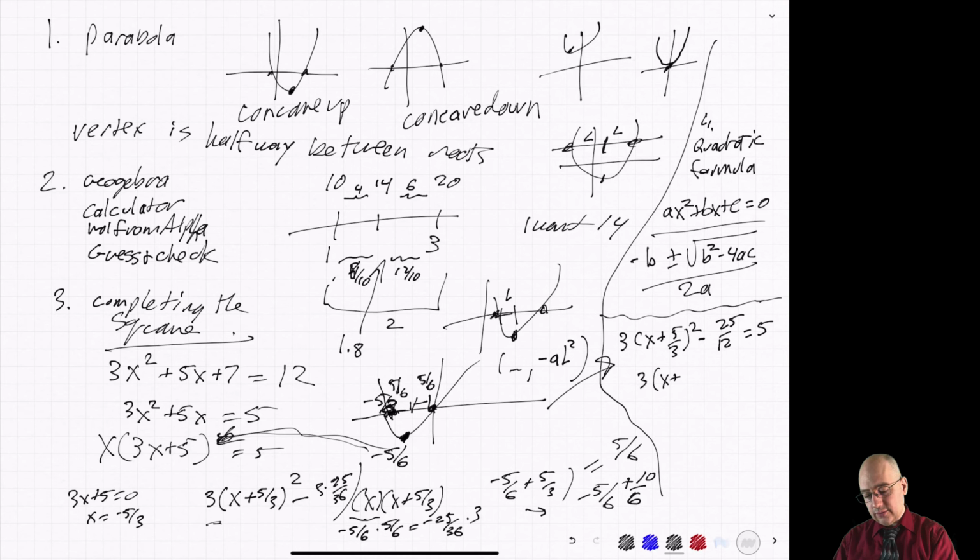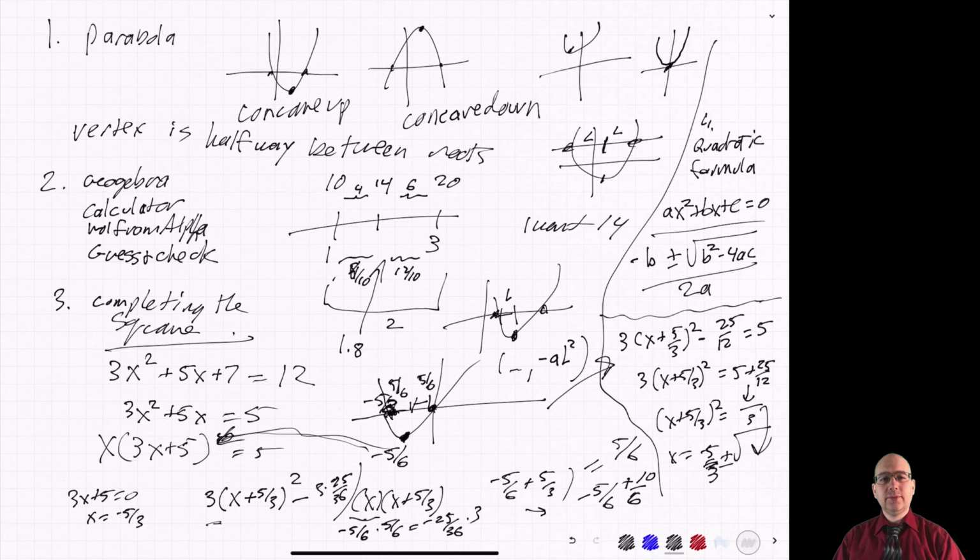Now you just solve for the x. You do 5 plus 25 twelfths, divide by 3, or whatever, and then you square root it. You go through those steps.